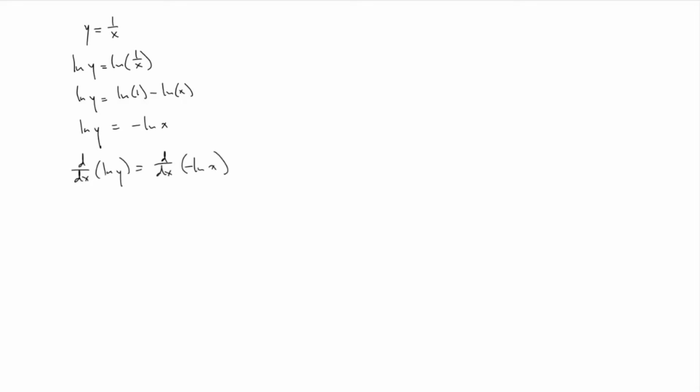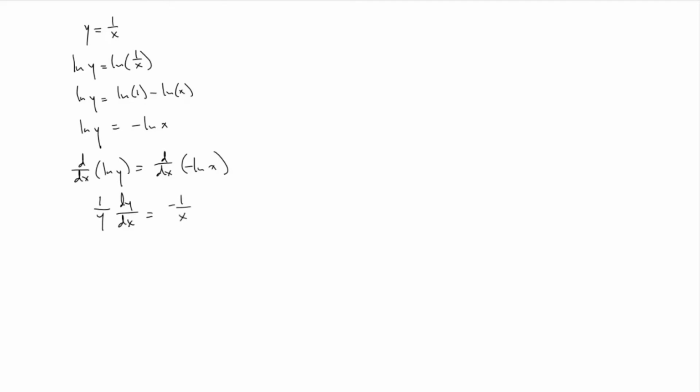I now want to do implicit differentiation, meaning take the derivative of both sides of the equation with respect to the variable x. And on the left, you have to use the chain rule because y is a function, not the variable, and you get 1 over y times the derivative of that function, dy dx.